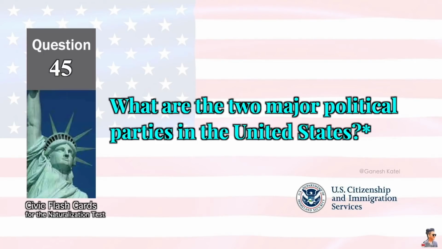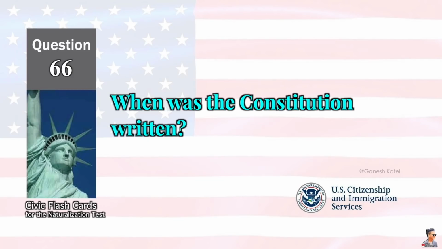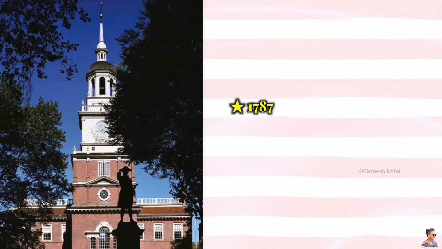What are the two major political parties in the United States? Democratic and Republican. When was the Constitution written? 1787.